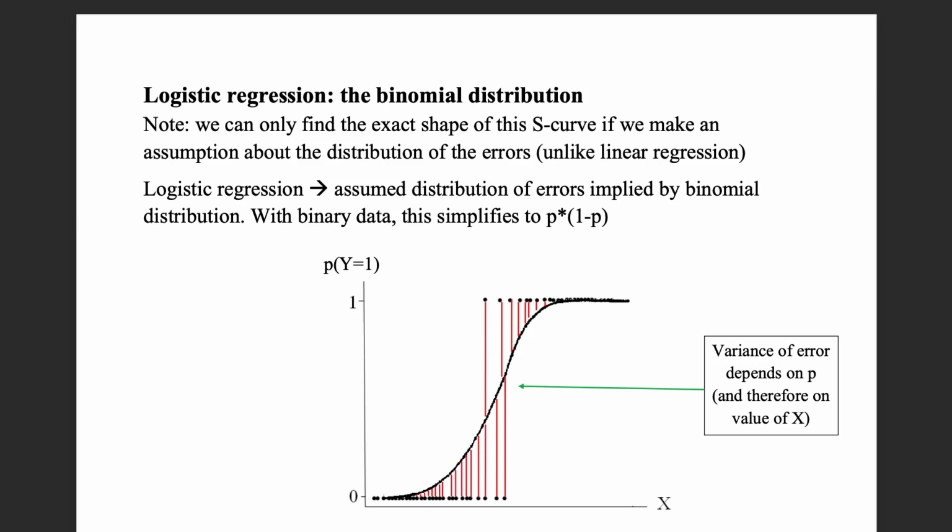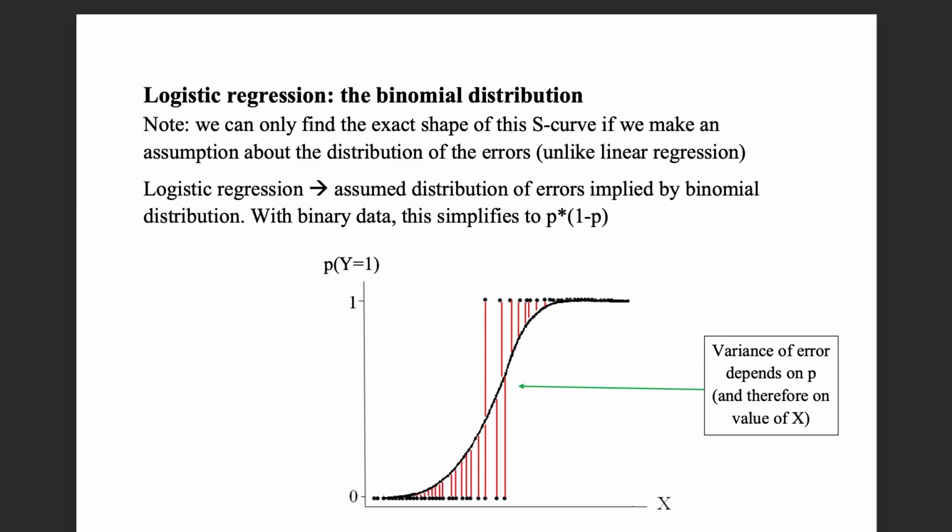Because if the value of the error depends on where we are on the S-curve, that also means that the value of the error depends on the value of our X variable, because those will change the predicted probability. So in other words, if we have a logistic regression model, we assume a binomial distribution of our error, which means that how large the error is actually now depends on the values of our X variable.